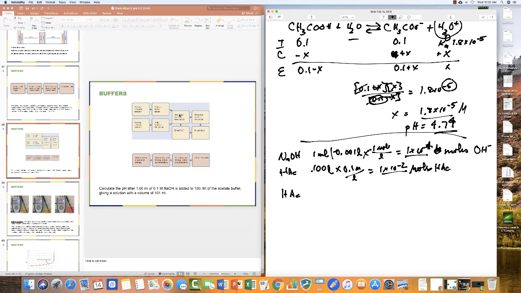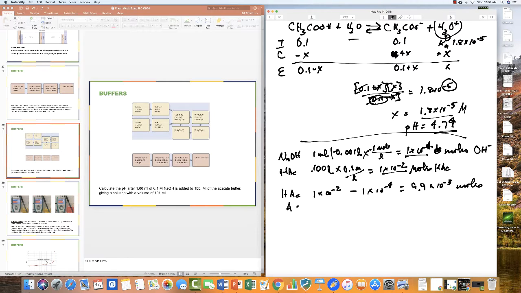The unreacted moles of HAC is going to be 1 times 10 to the minus 2 minus 1 times 10 to the minus 4, which is 9.9 times 10 to the minus 3 moles.